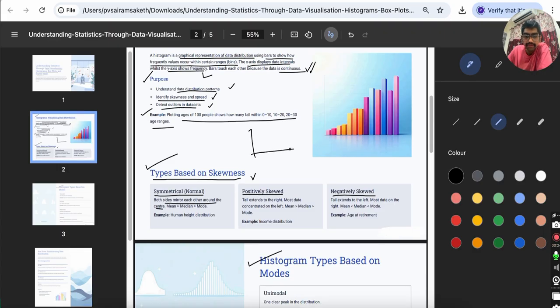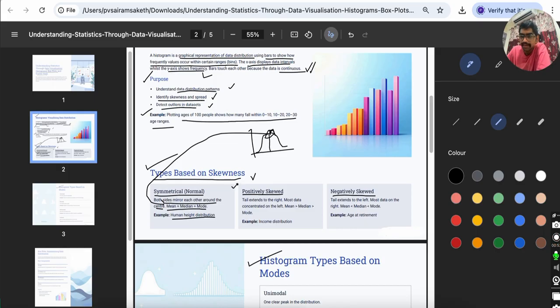The data is in the form of a normal distribution, and the center represents the mean, median and mode. All three are the same value, the center value. The best example is human height distribution. You can take any example.